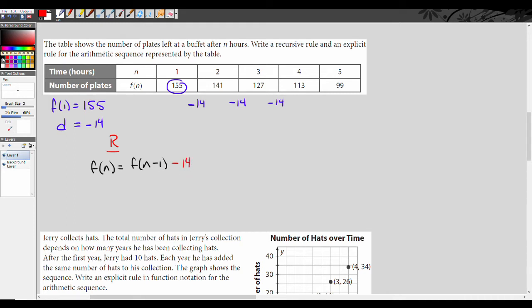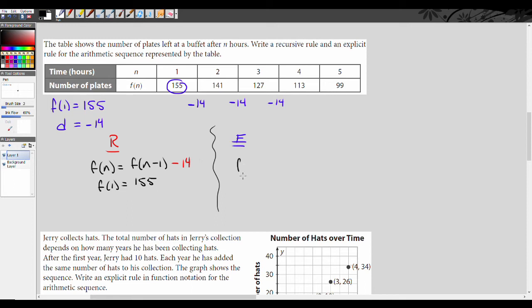Again, when we're writing a recursive rule, we need to identify the first term. So we say f of 1 equals 155. Okay? Now our explicit rule.